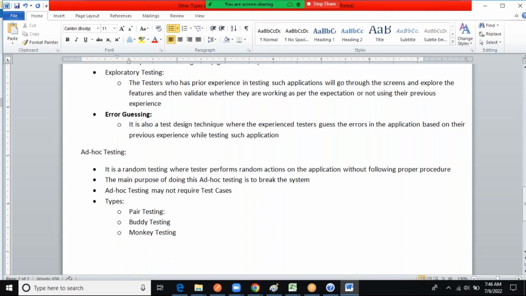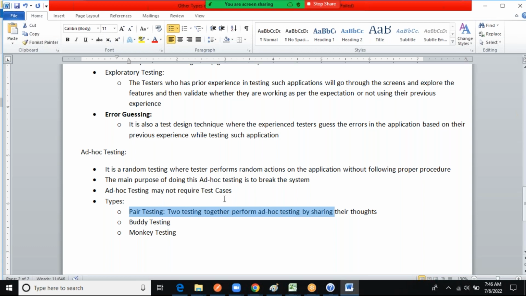Two testers together perform the ad hoc testing by sharing their thoughts. Okay, we'll test in this way, we'll test in that way, like that. They share, exchange their thoughts and then do the ad hoc testing. Okay, this is one way of doing ad hoc testing.